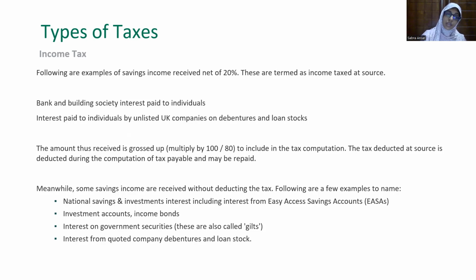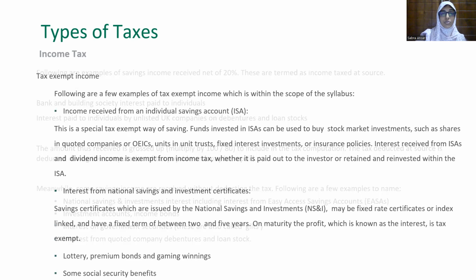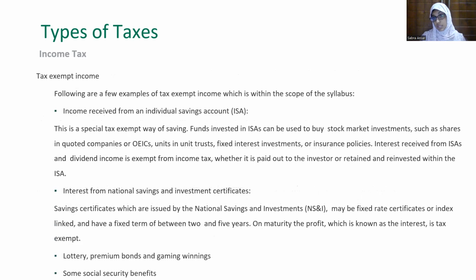There are also some savings incomes that are received without deducting tax, such as investment accounts, investment bonds, interest on government securities, and interest from quoted company debenture and loan stock. For them, you just also consider them while you're doing the interest income as well.